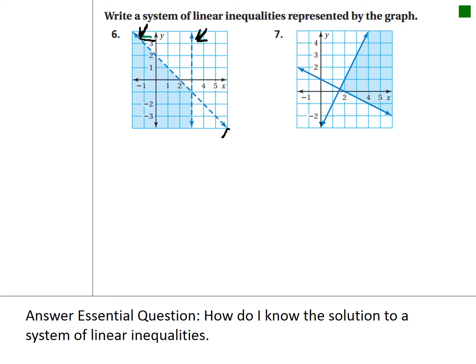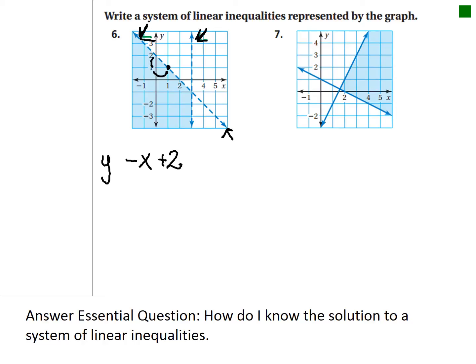This first equation has the intercept of 2, so 2 plus, and a slope of down 1 over 1. So slope is negative 1 over 1. So negative x, and we're shading down to the y's.